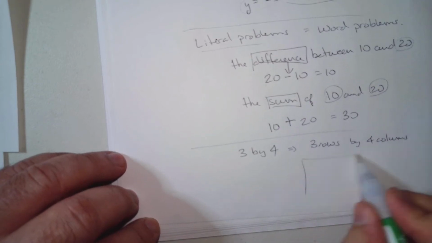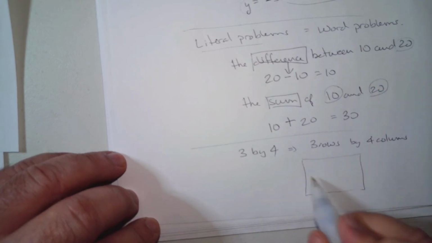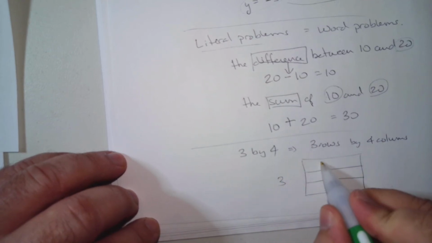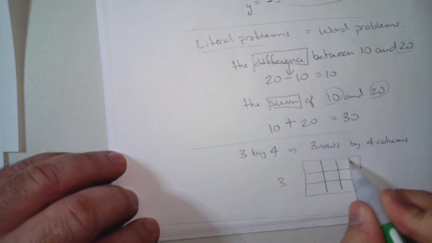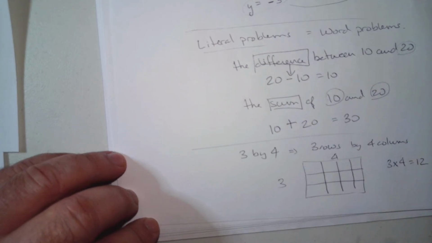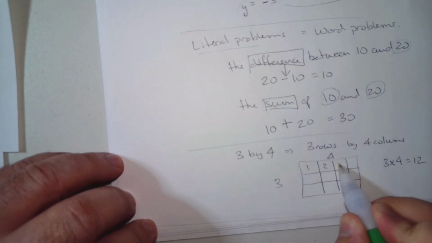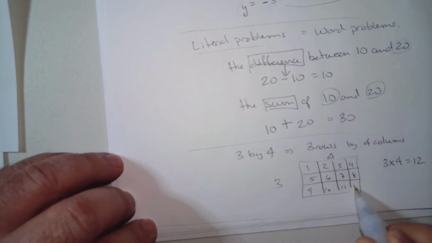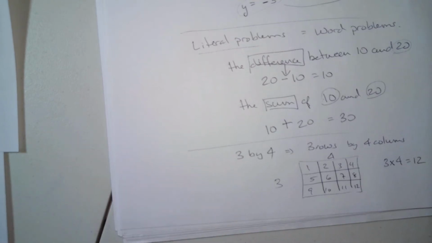So if you think about this, if I had 3 rows and 4 columns, 3 times 4 equals 12. I have 12 boxes. So that's a common one.